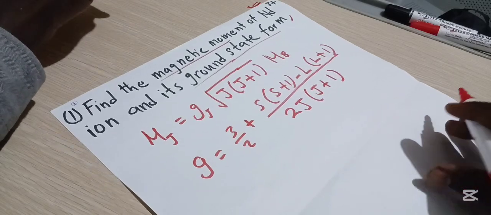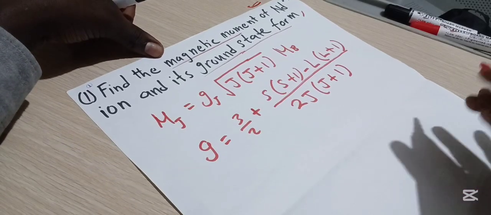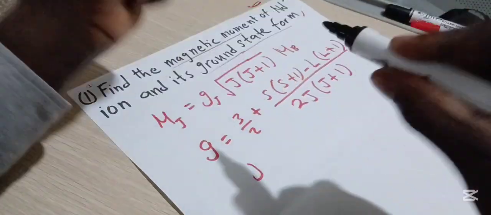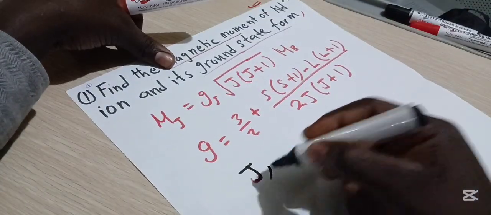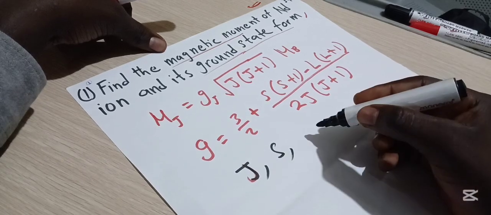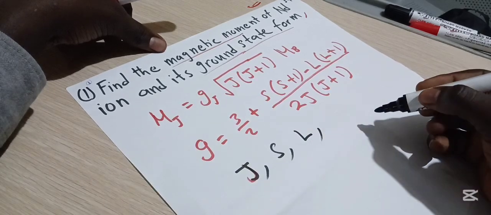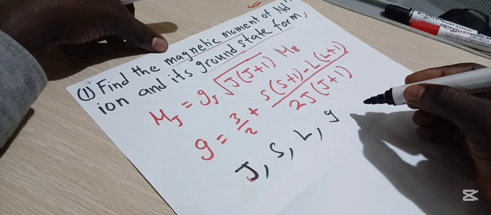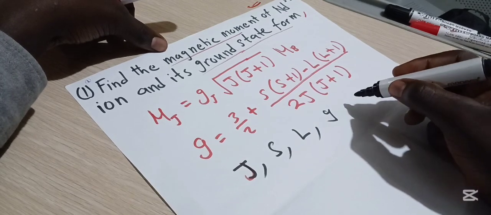So in this case, we need the value for S, L, and then J before we'll be able to calculate the magnetic moment.